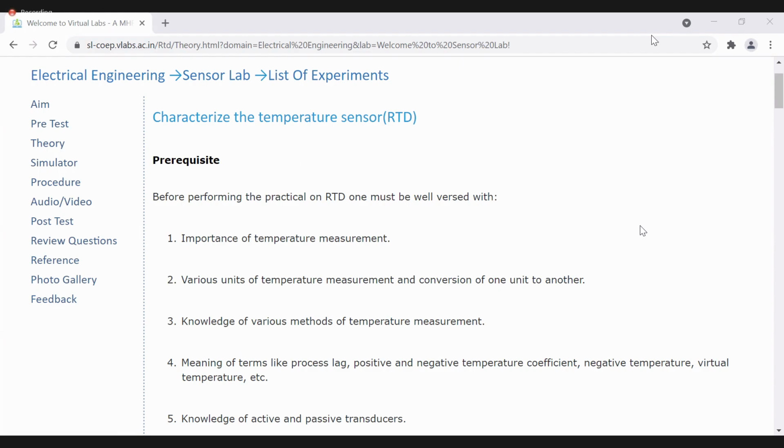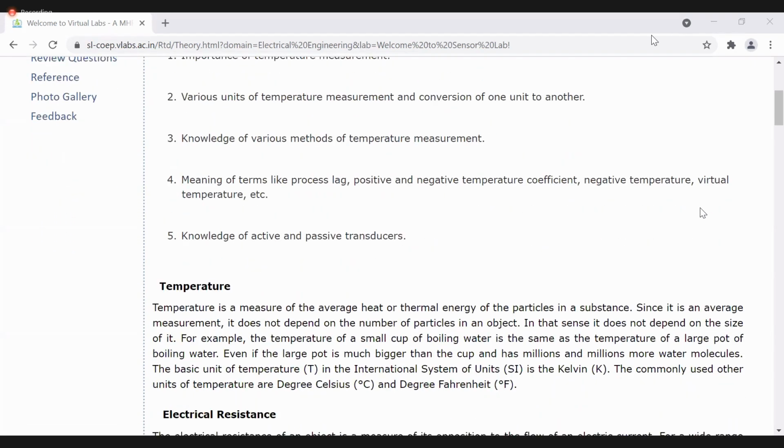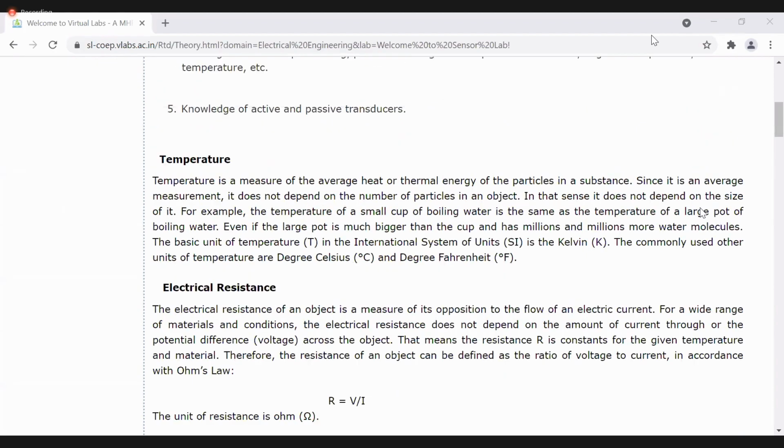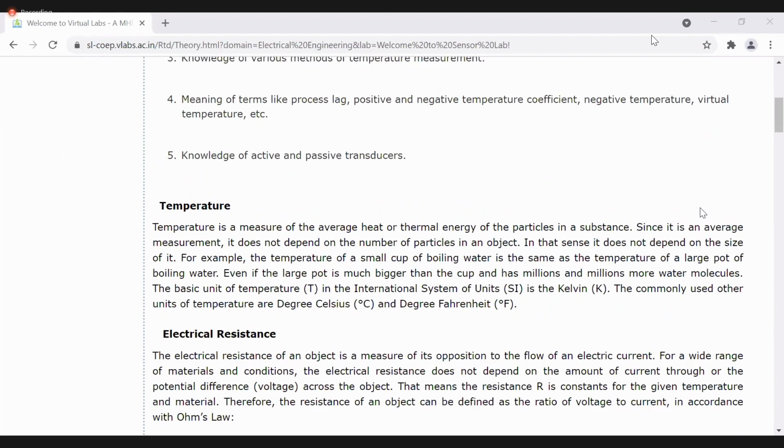Okay, what is the nature of RTD? Whether its resistance is increasing or decreasing depending on the temperature? Increases, sir. Okay, what is the formula for RT? Sir, RT is equal to R naught into 1 plus A into T minus T naught, sir.